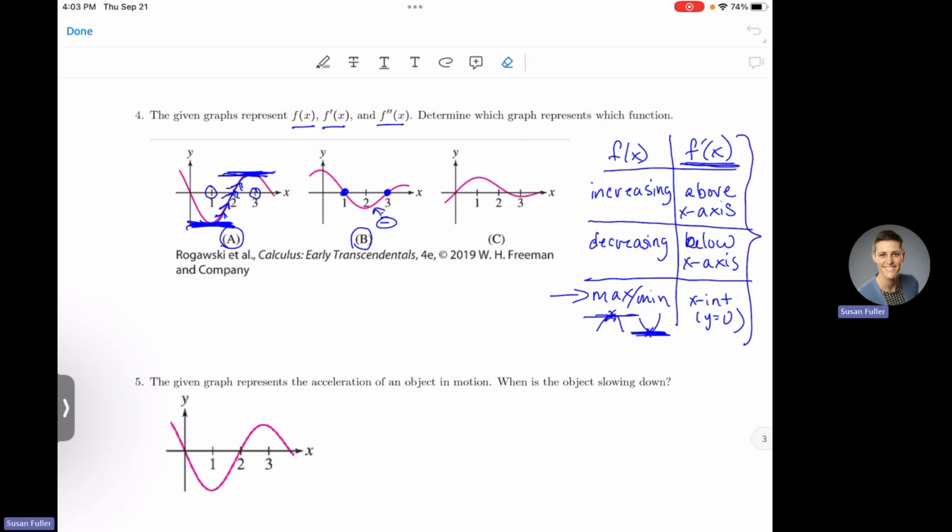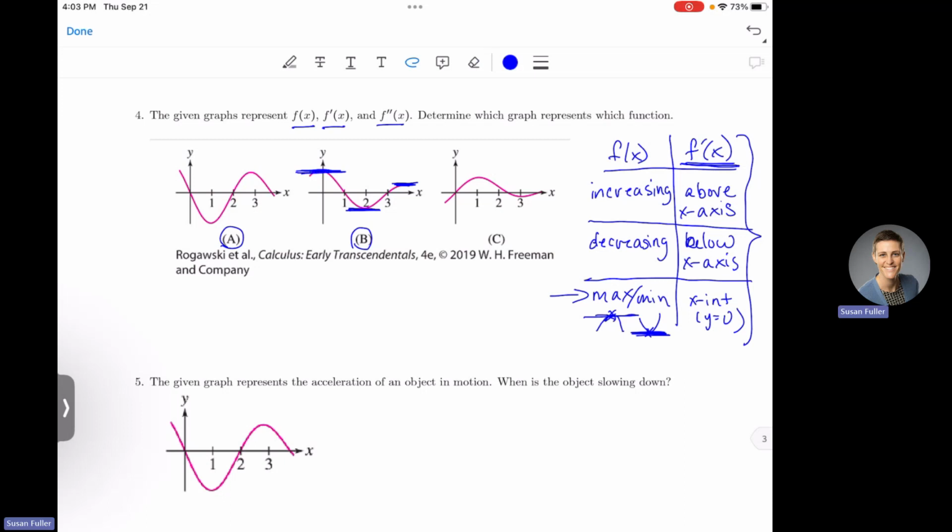Okay, so let's go back to the drawing board. Instead of starting with A and looking at B, let's go the other way. Let's start with B. B has 0 slope at x equals 0, at x equals 2, and then somewhere over here beyond x equals 3. So let's come back to A and see.